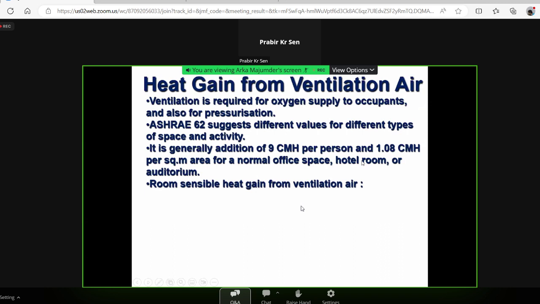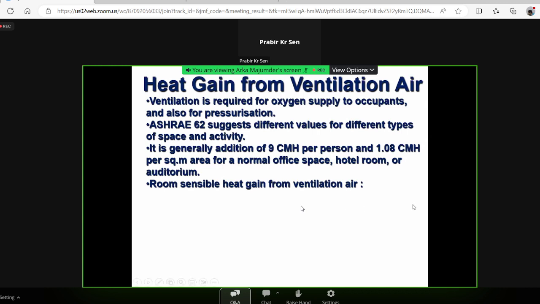So for 10 people 900 plus for area 216, so 1116. 1116 cmh of fresh air or ventilation air you must give as per ISHRAE.